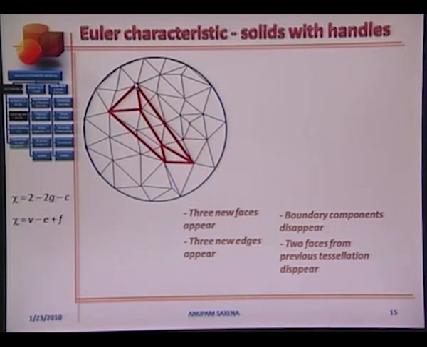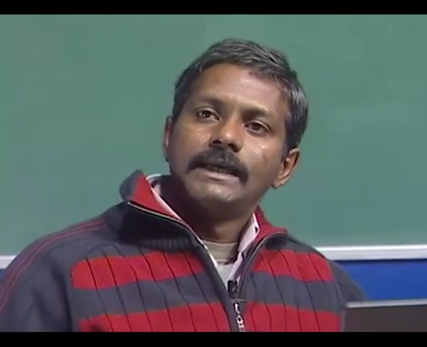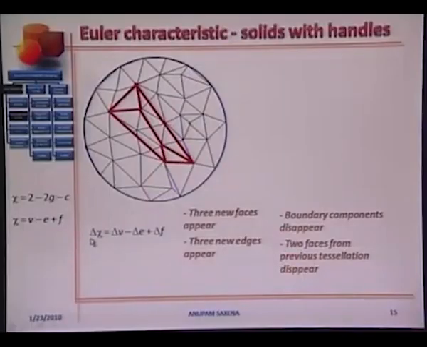Now let's see how the Euler characteristic changes. The change in the Euler characteristic is the same as the change in the number of vertices minus the change in the number of edges plus the change in the number of faces. There has been no change in the number of vertices, and therefore we have 0 here.